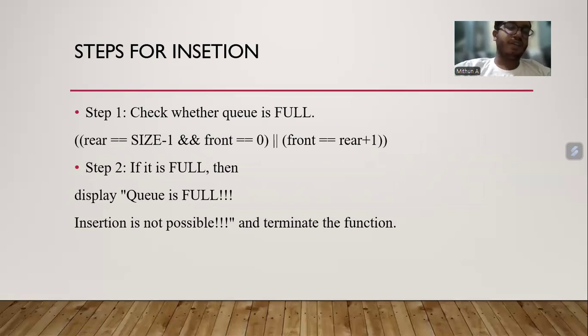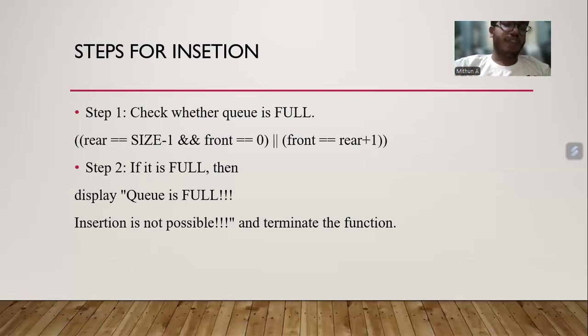The first step is to check whether the queue is full or not. For that we use rear == size - 1, which is a comparison operation, where size is what we defined in the header file, and it is reduced by 1 because rear starts at -1.